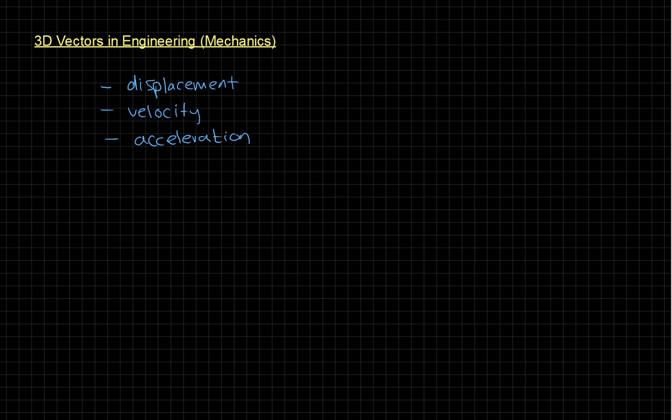So displacement's a vector, velocity is a vector, acceleration is a vector, same as before, except the direction is, in some sense, three-dimensional. Magnitude, of course, is still a one-dimensional quantity. The size of a vector is always 1D. It's just a single number, a single positive number.